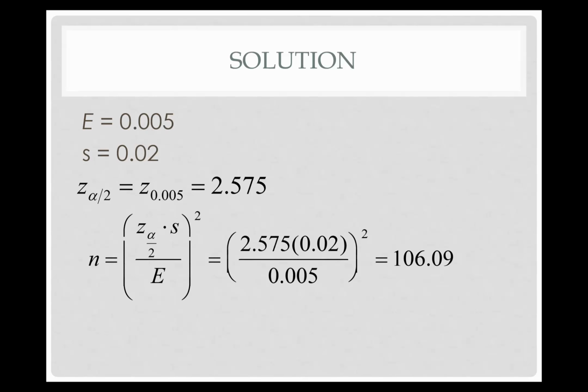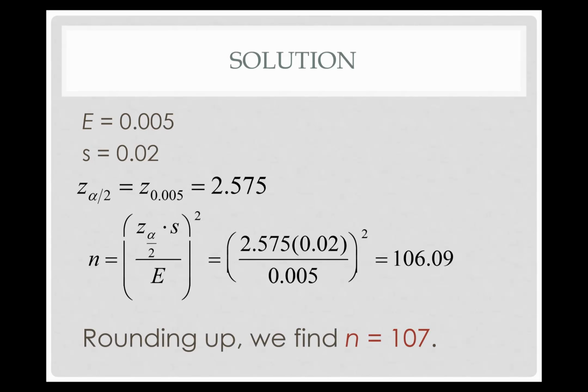And so then you can just plug those values into the calculator, and we know we need to round up, so we would need 107 pennies in order to be able to construct a confidence interval with 99% level of confidence within 0.005 grams.